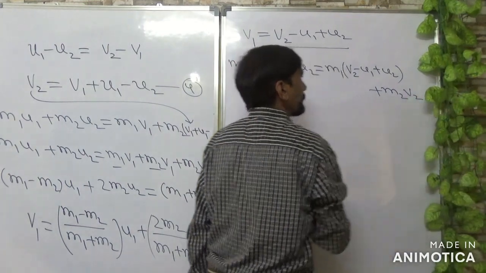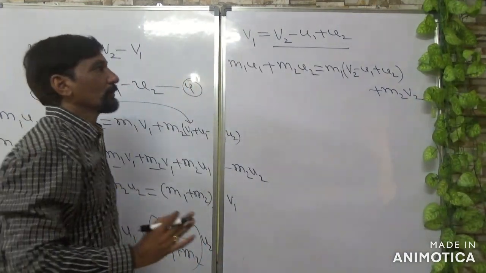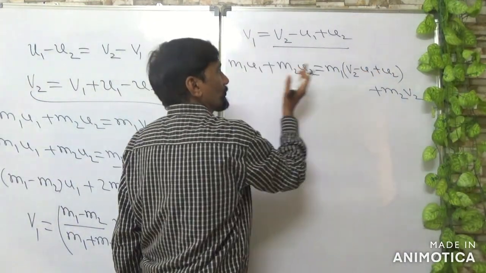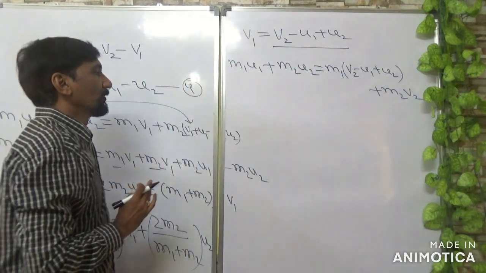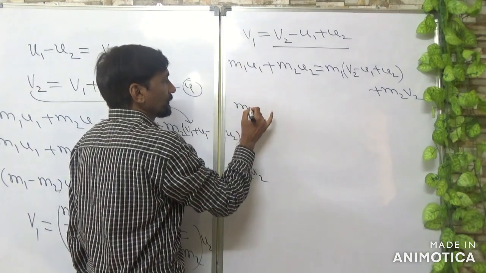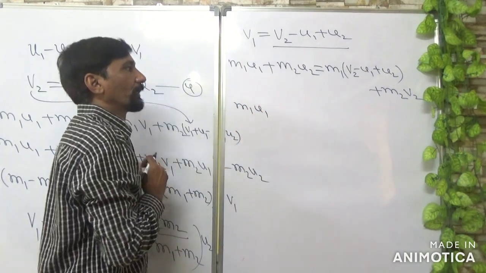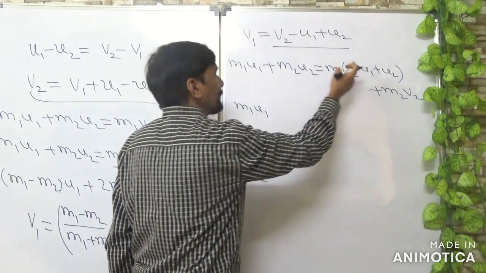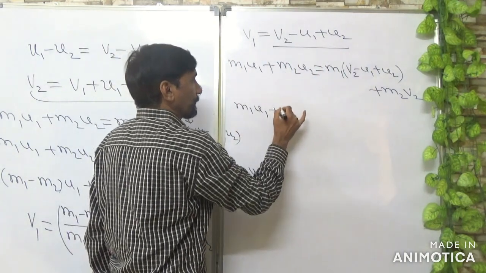In this case also you bring all u1 and u2 terms to the left side. The minus m1 u1, if you take to the other side, you get plus.